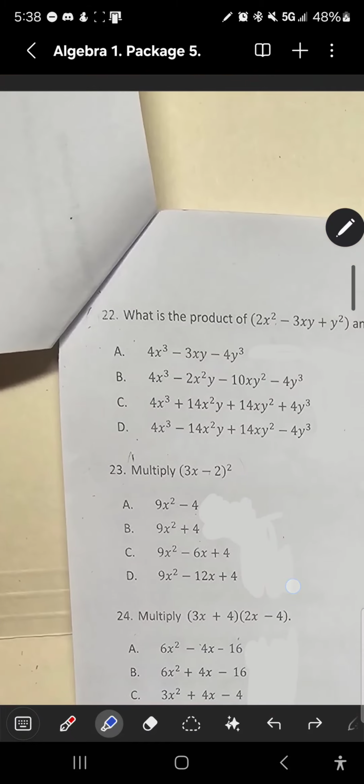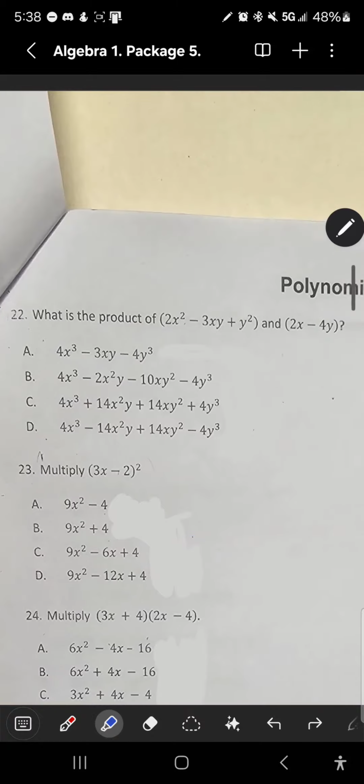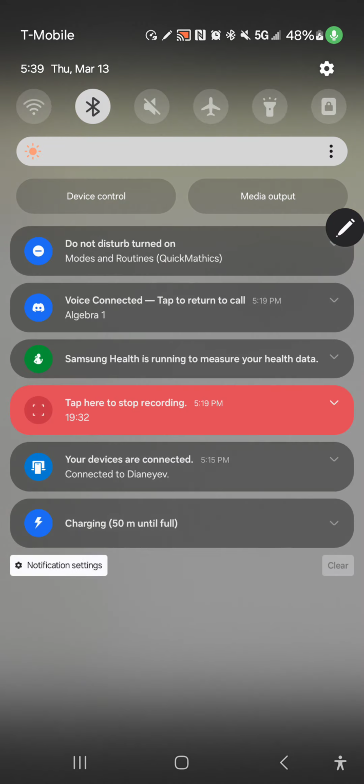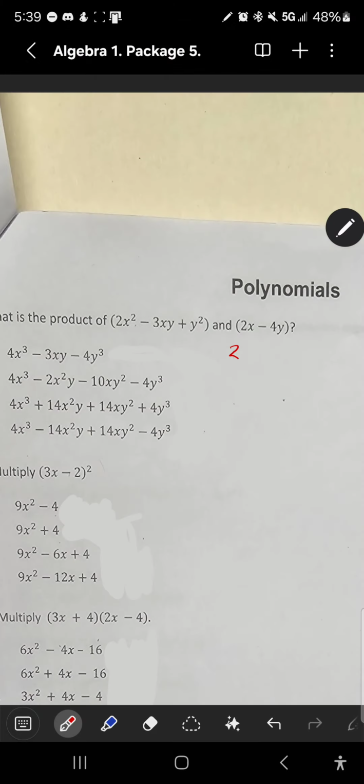Now let's keep going. So, okay. What is the product of these two? Now, this is when things start to get a little bit more complicated. So let's go step by step. Okay, let me make this brighter. Okay, it's brighter now.